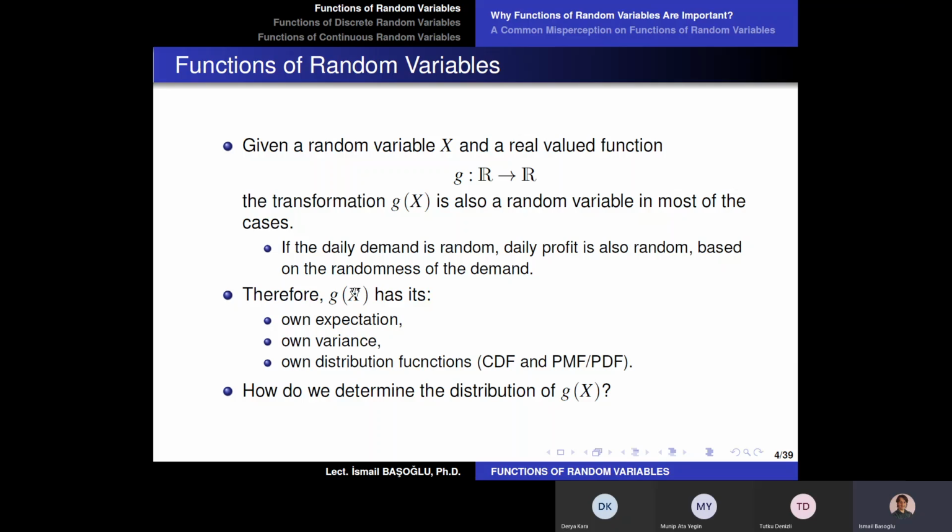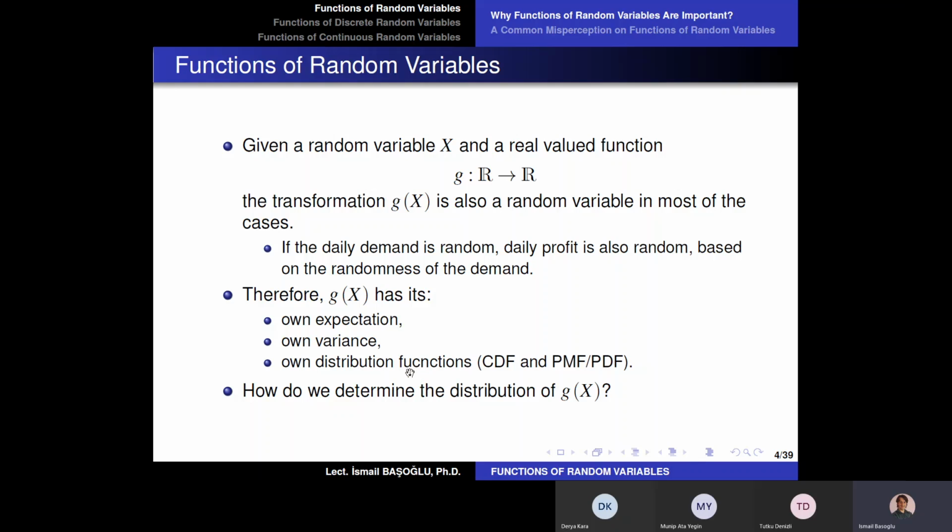Okay? Therefore, g of x, the transformation of a random variable, will also be a random variable. Therefore, it will also have its own expected value. It will also have its own variance, and it will also have its own distribution functions, such as the CDF, probability mass function, and PDF.